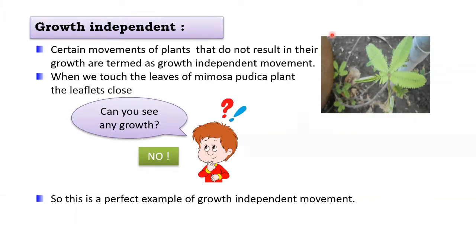So there are n number of different types of movement in plants which are growth independent. It means the plants show some kind of movement, but that movement is not a result of growth. Atharva was saying bending of bamboo during strong wind.